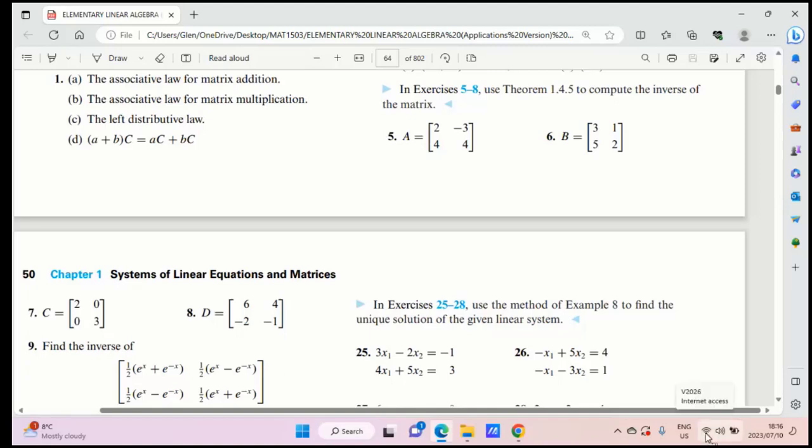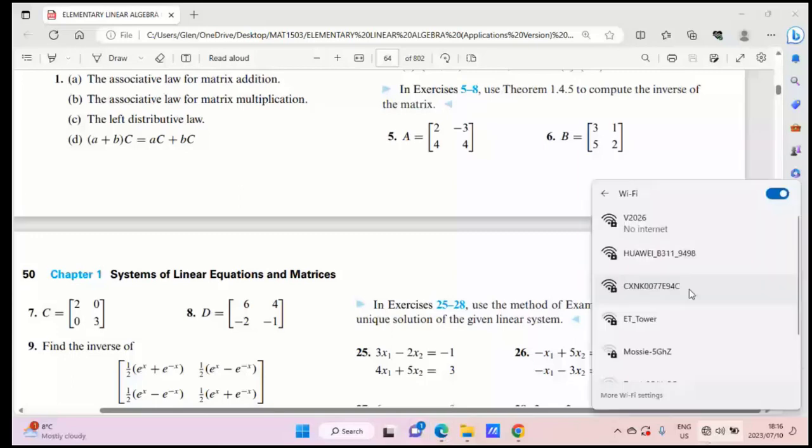The inverse of C is a matrix. To get the inverse, you must multiply 1/6 into the matrix.